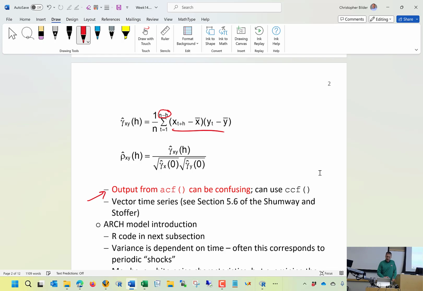Now, the easiest way to do these calculations is to use programmed-in functions that already exist in R. I first introduced the ACF function. I sometimes debate whether that is really worthwhile, because it can be quite confusing, as hopefully you saw in the notes and the video, understanding exactly what the R output is giving you.